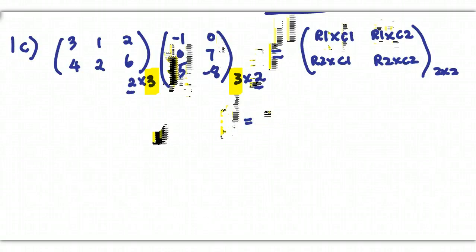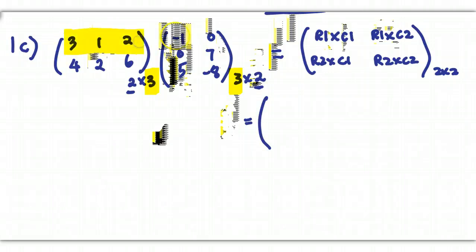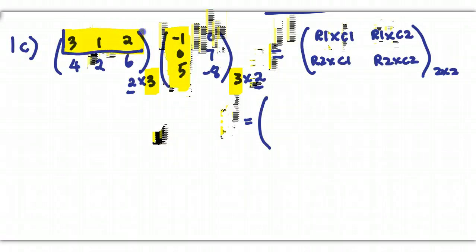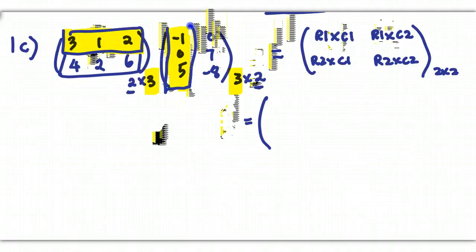Then we can begin to work out what each of the elements is. Row 1 times column 1. So we take the first row times the first column. Again, help ourselves by dividing the first matrix into rows, the second matrix into columns.